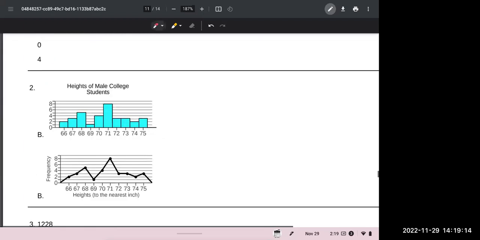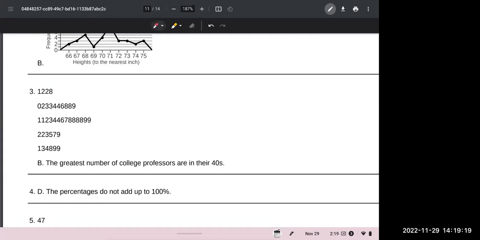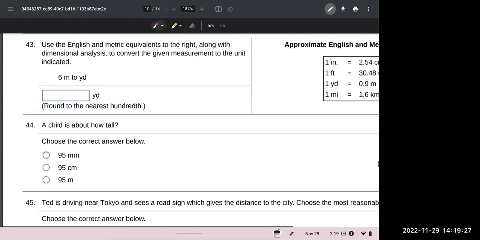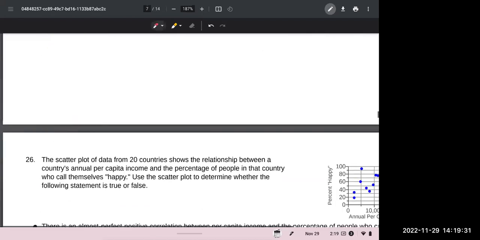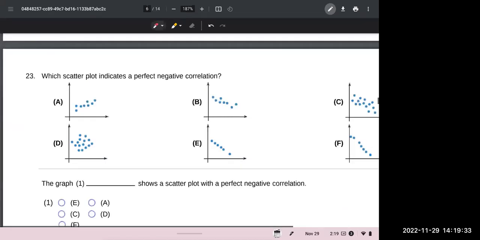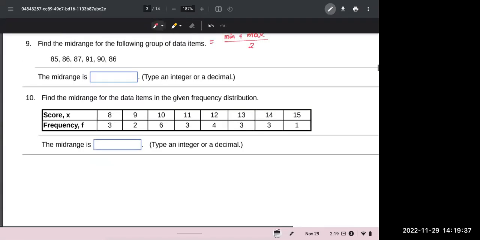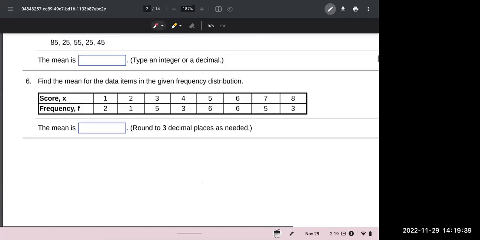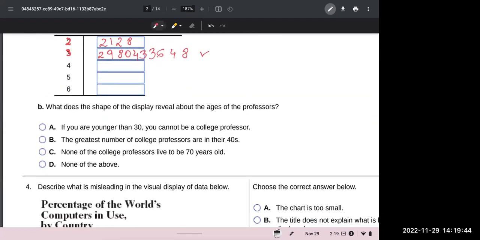Actually, if we continue, it looks like most college professors are in their 40s. So we have more numbers in the 40s, and you will be able to see that when you complete the stem and leaf plot. So actually it's going to be B.